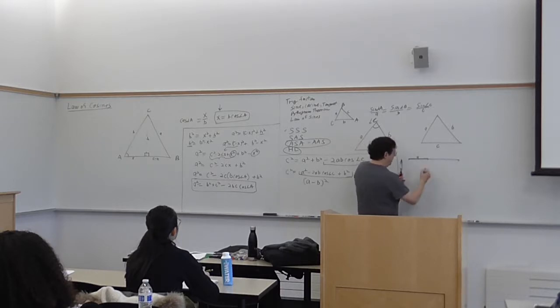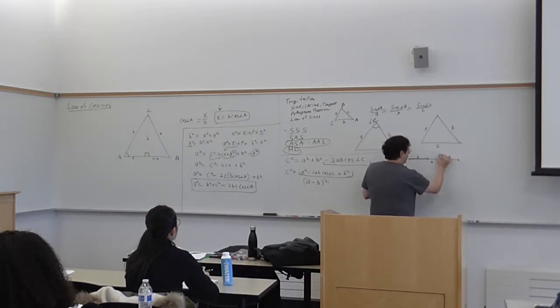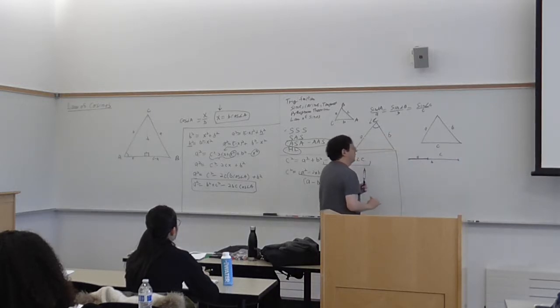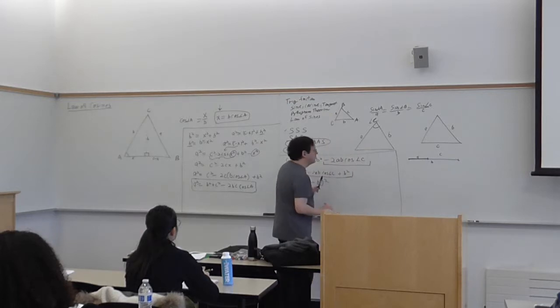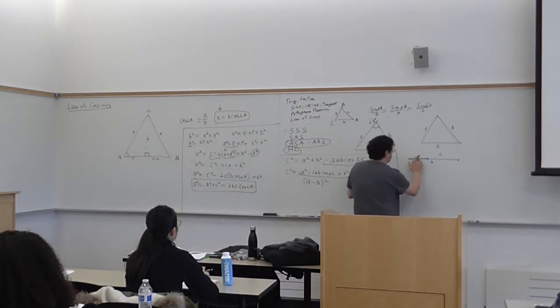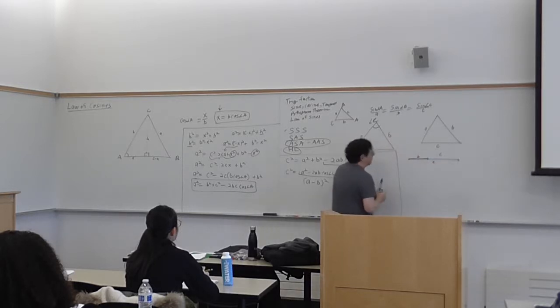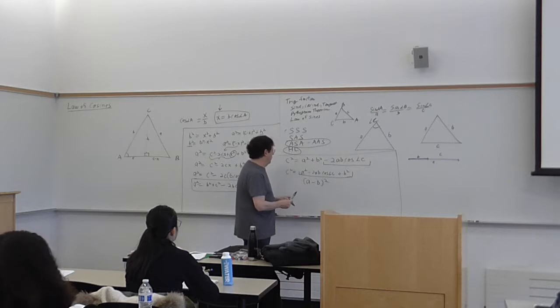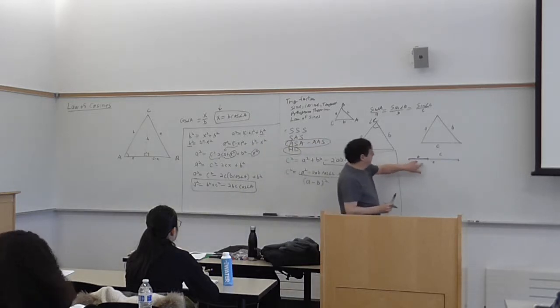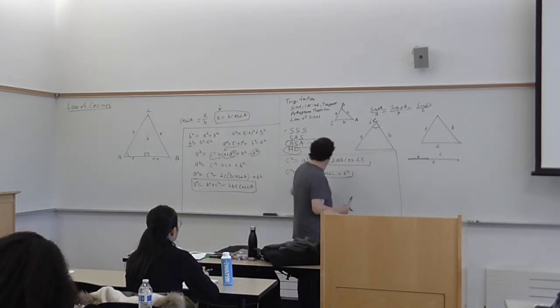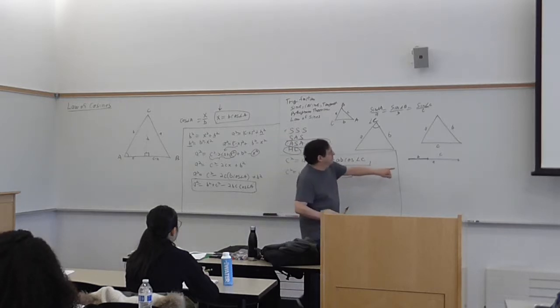There's my A, there's my B, but then this would be C, right? Well, I guess I have it backwards. I guess this should be B, and this should be A. Oh, well, that kind of makes sense. A minus B is C, so (A minus B) squared is C squared.